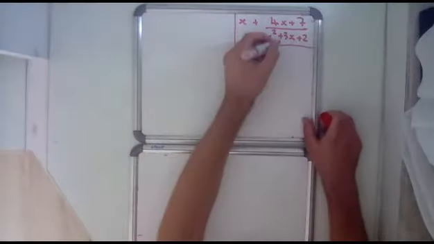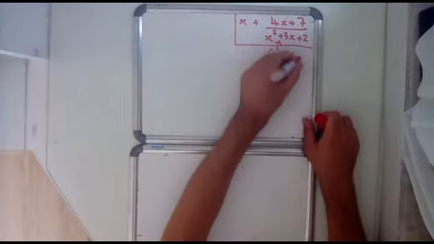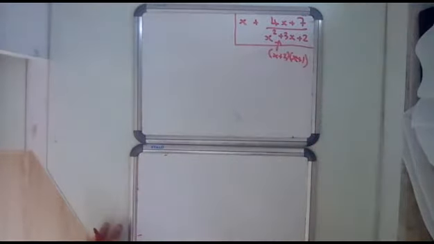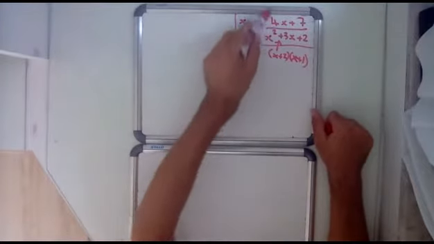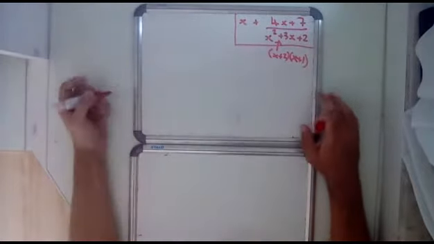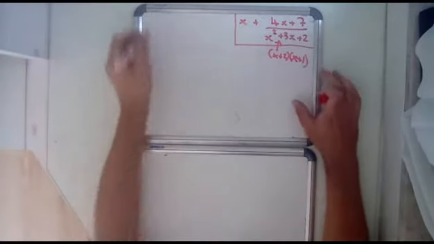So now we know that this denominator factorizes, we can split this into partial fractions. So split the (4x + 7) over (x² + 3x + 2) into partial fractions.